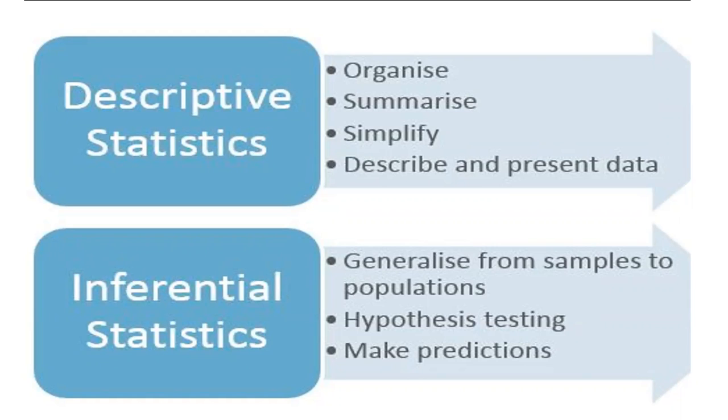But in case of inferential statistics, there will be generalization from the samples to the population. It involves hypothesis testing, and predictions will be made. So inferential statistics involves hypothesis testing, making predictions, and generalizing from samples to population. I hope this is clear.